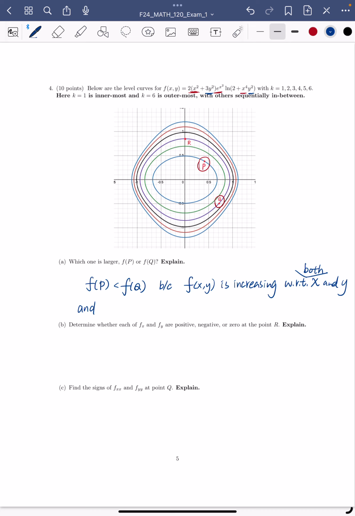So the level curve of q is outside of that of p. Okay. Now we have to determine whether f x or f y are positive, negative, or 0 at point r.